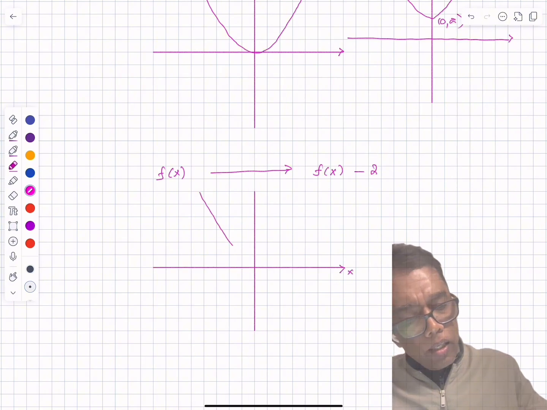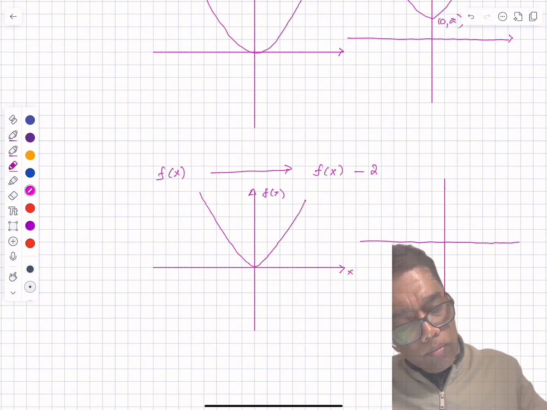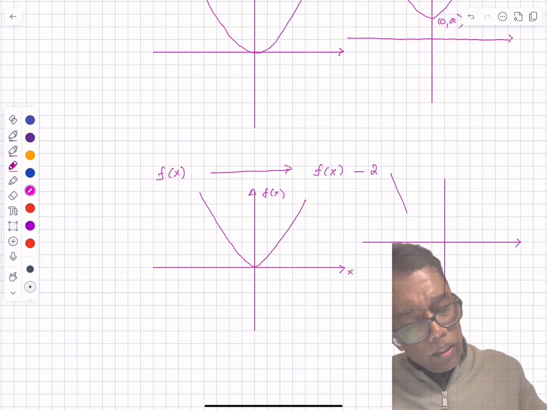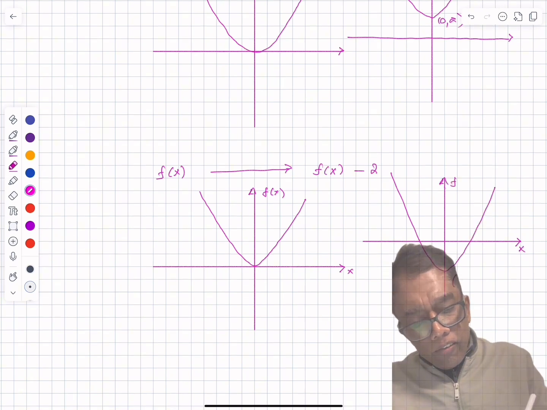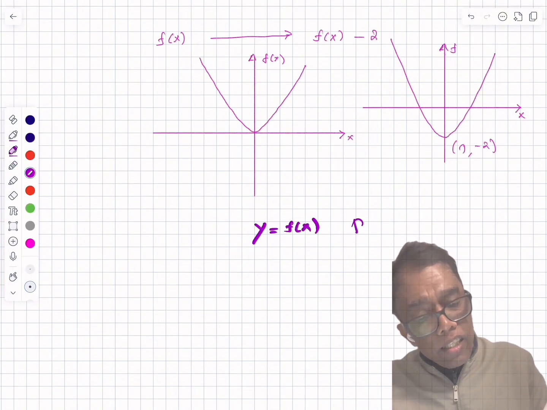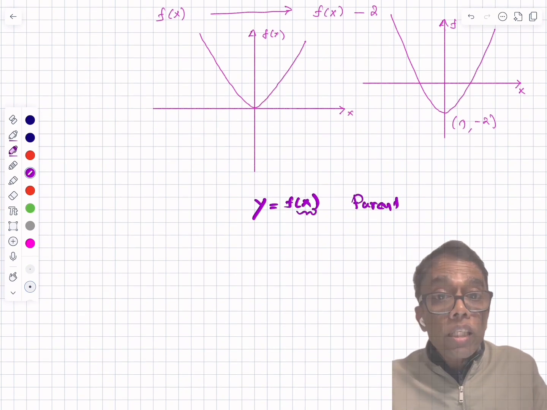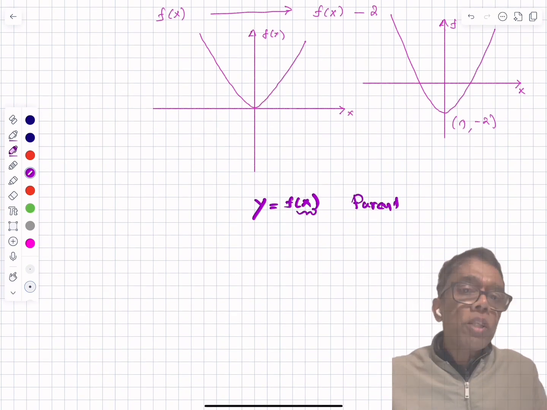If we consider y = f(x) as the parent function, then inside of the bracket f(x), it's a horizontal translation in the opposite direction.